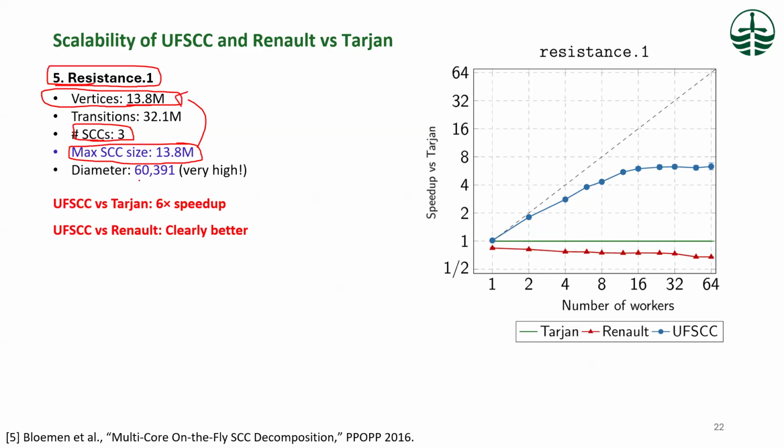One more thing that is noticeable is that its diameter is very high. So Tarjan may take a very long time to explore this graph, because Tarjan will do DFS into this huge diameter graph, right?